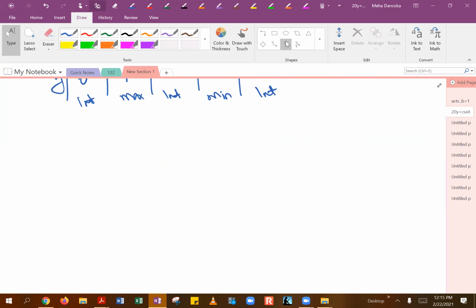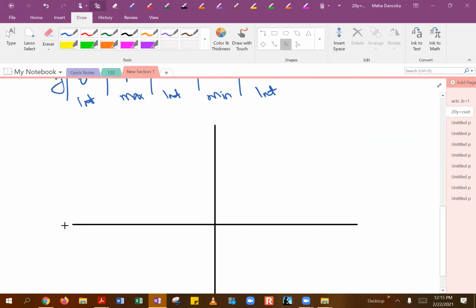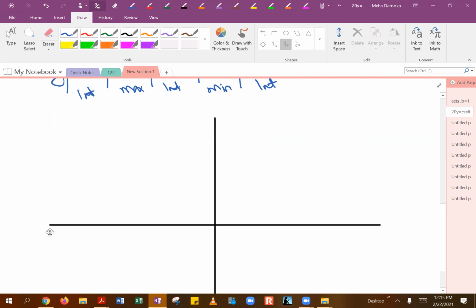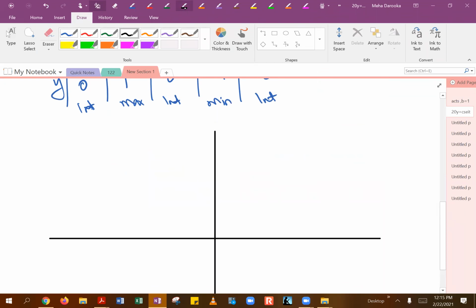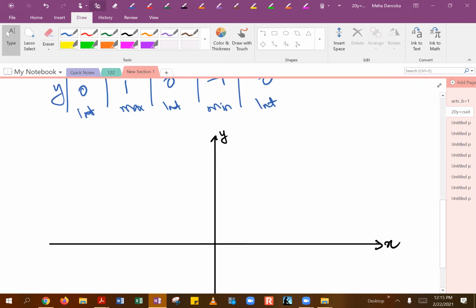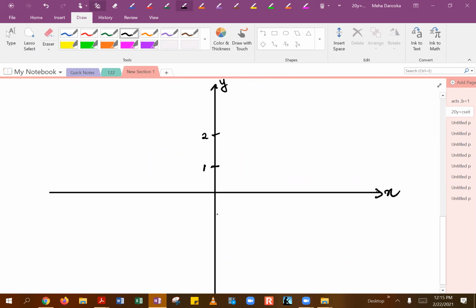Now let's do our graph over here. Let's take a look at what our cosecant function will find. So x and y, of course, we are going to label +1, +2, and -1, -2 on our y-axis.